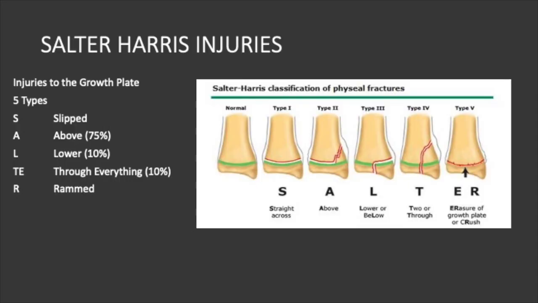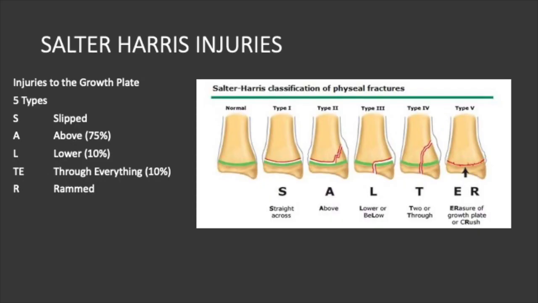If you look at the screen, Salter-Harris has 5 levels of injury. S stands for slipped epiphysis. A stands for above the level of epiphysis, that is involving the diaphysis. L stands for below the level of epiphysis, below the level of growth plate.